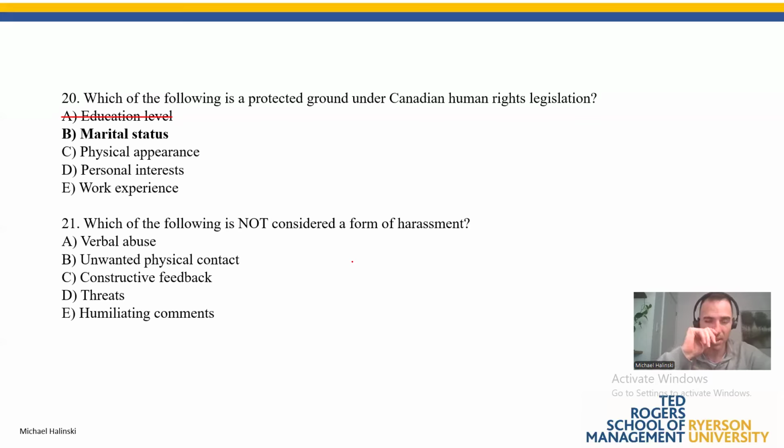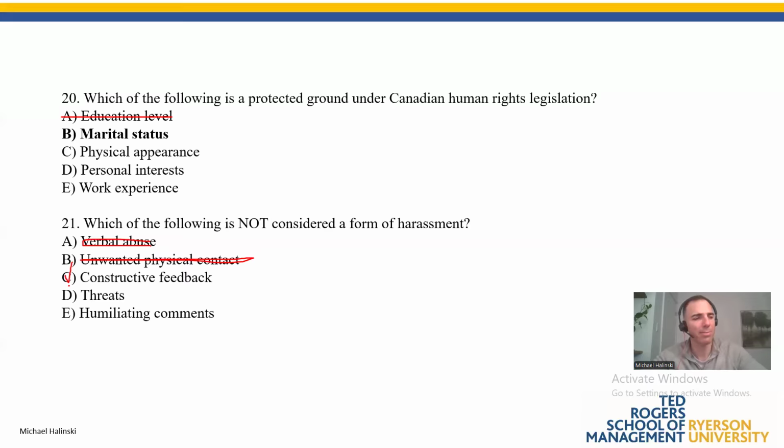Based on that, it could be something you say, so verbal abuse could be harassment, so that's not it. Unwanted physical contact, absolutely not. Constructive feedback is helpful, even if it's not the easiest to hear. It's not attacking a person, it's attacking a work activity.